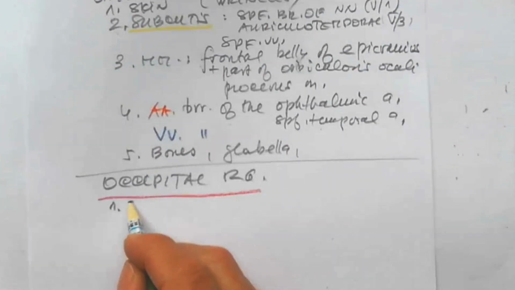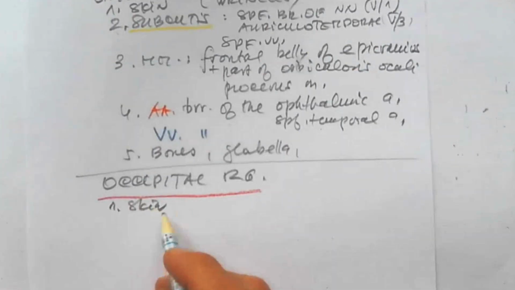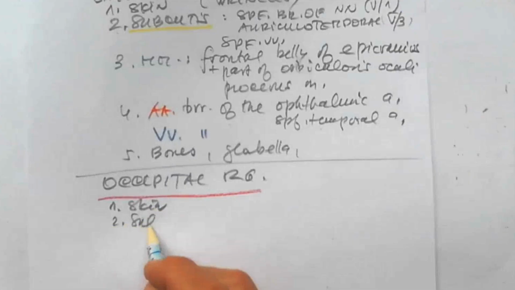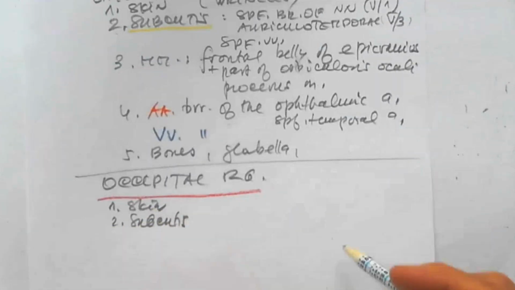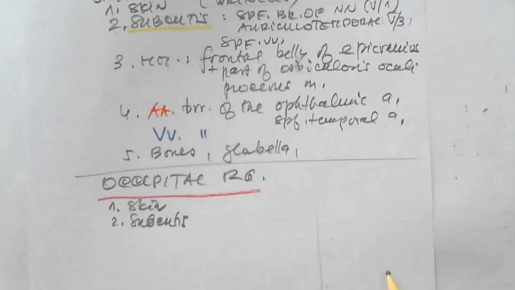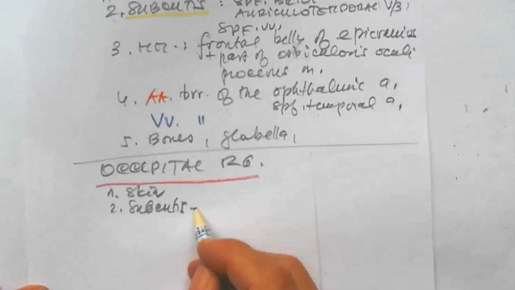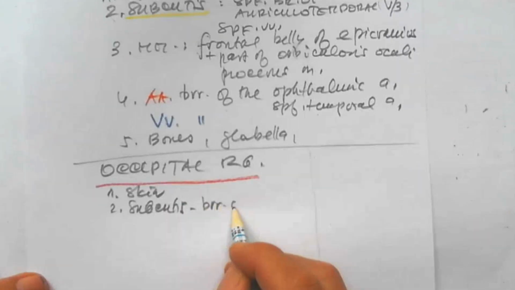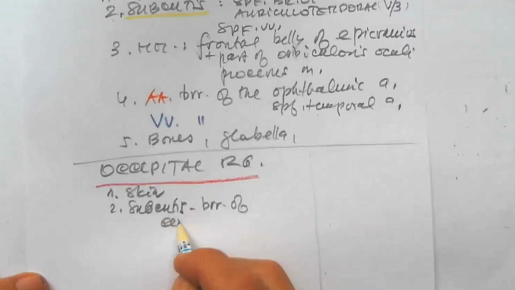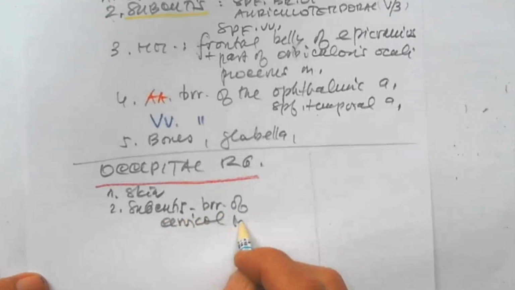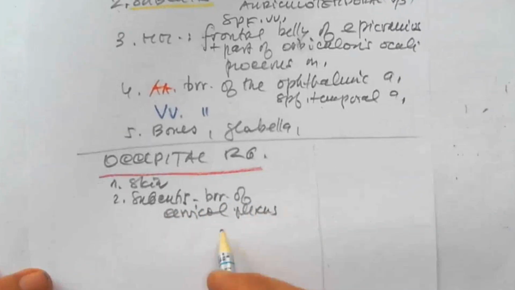Number 1 is the skin. Skin is relatively thick. In the subcutis, what we see in the subcutis, we leave part for the drawing. Subcutis, just branches of the cervical plexus. We have seen it.